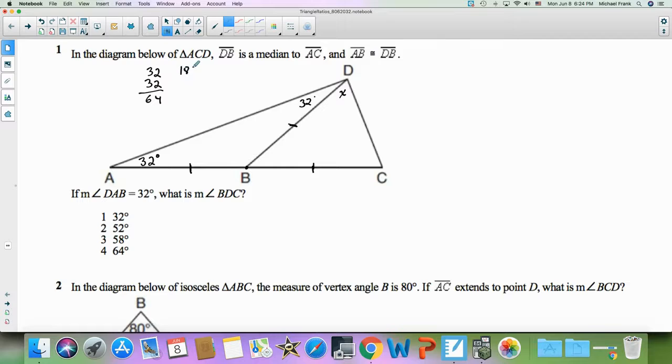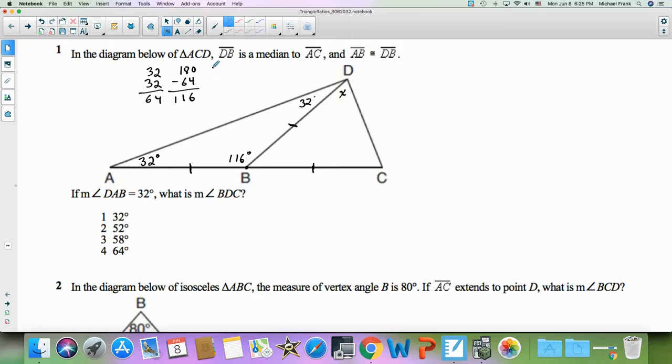And then if I take 180 and I subtract 64, we get 116. That means this right here is 116 degrees.